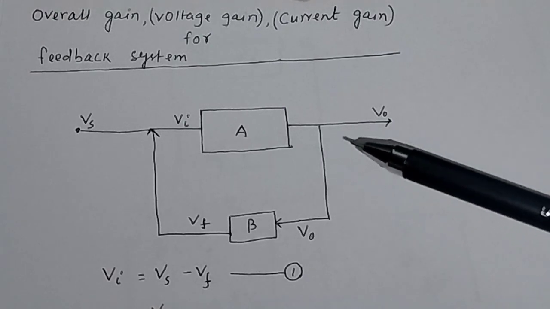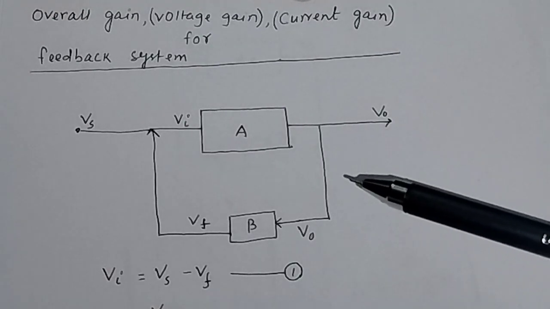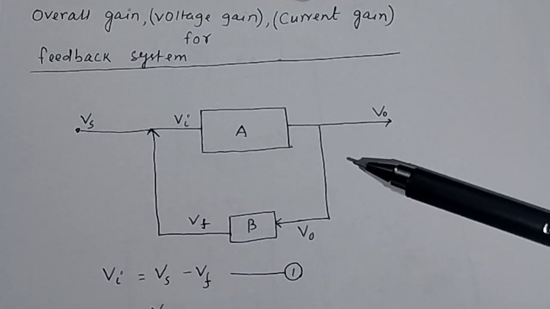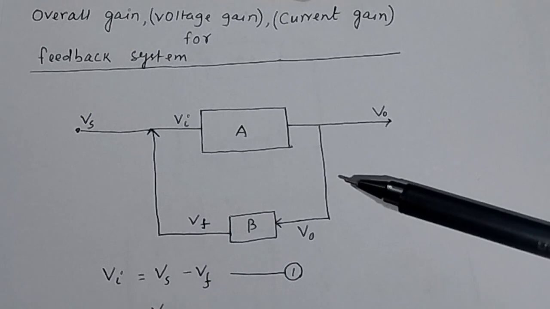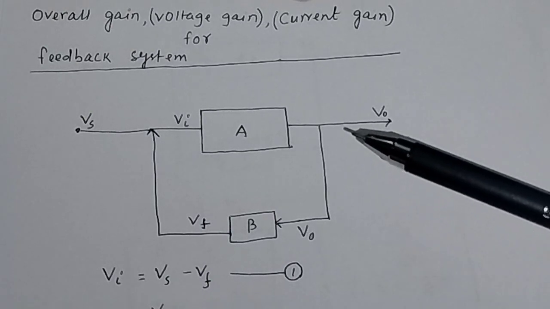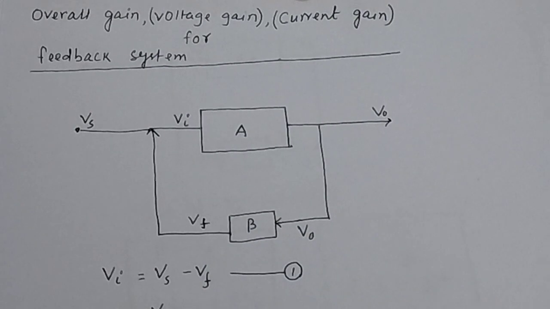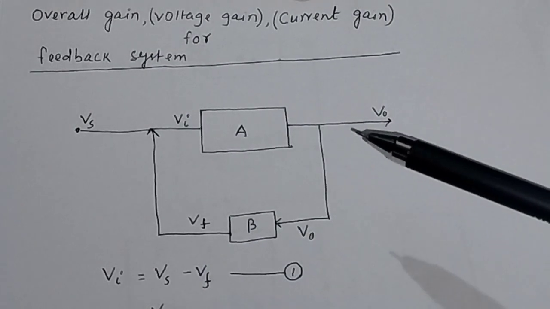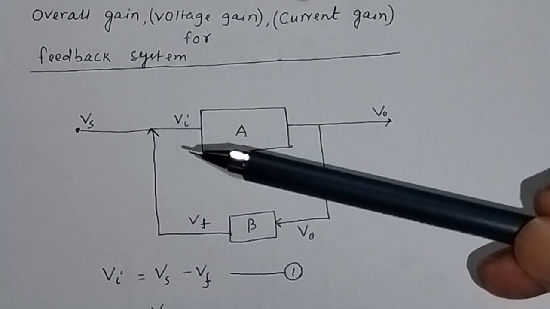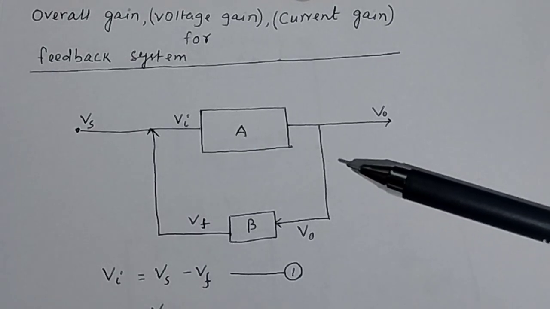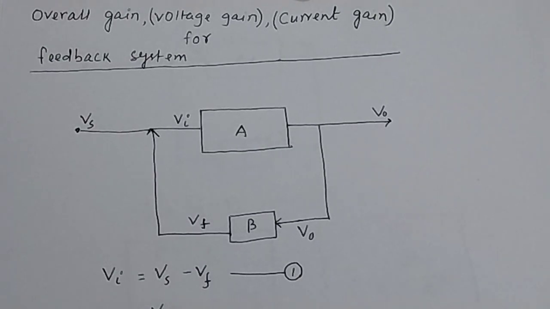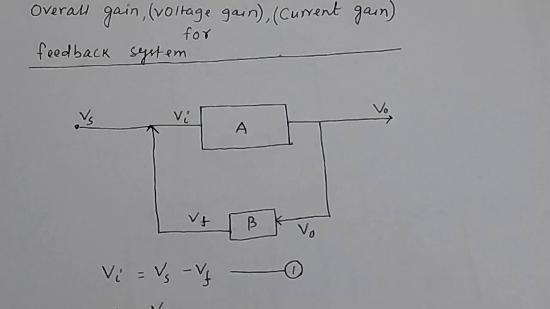I have discussed the circuit of voltage series feedback amplifier in the previous video, that is, the input will be in parallel and output will be in series. You watch my previous video.